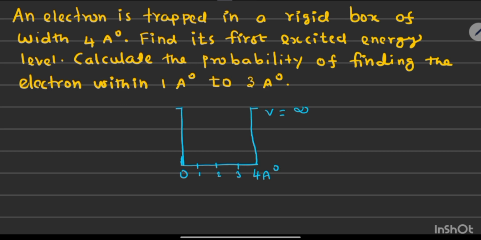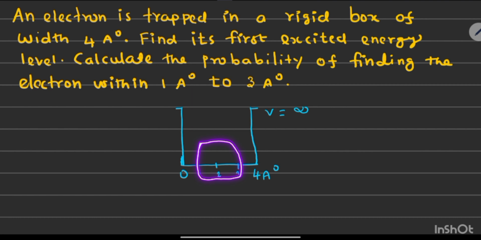So here an electron is trapped between rigid walls of infinite potential which has the width of 4 Angstrom, between 0 to 4 Angstrom. We have to find the probability of finding the electron within 1 Angstrom to 3 Angstrom in this interval. Basically it is half of the box.